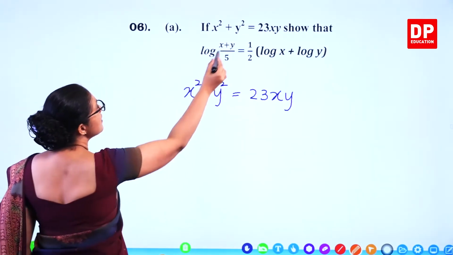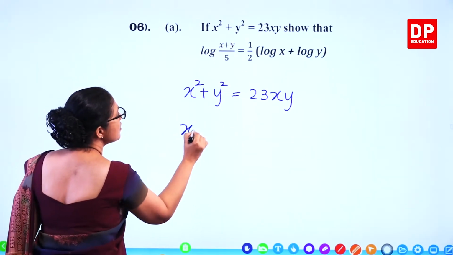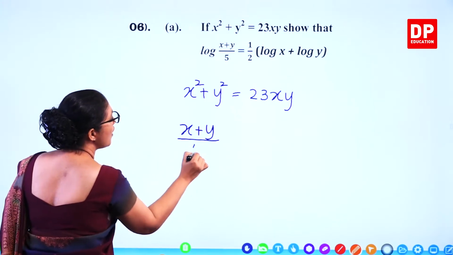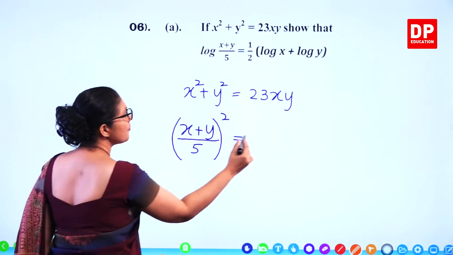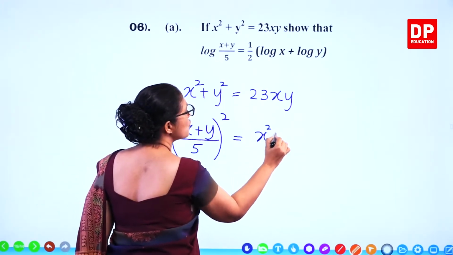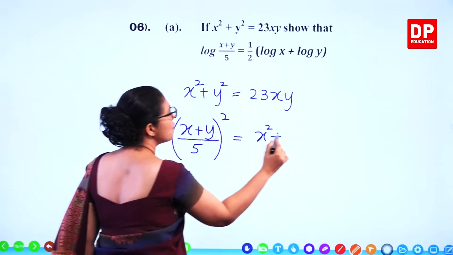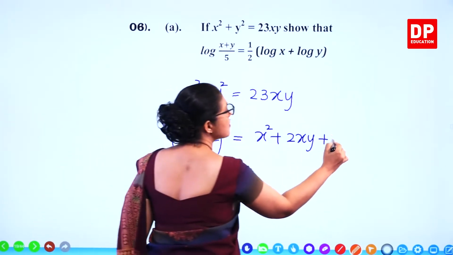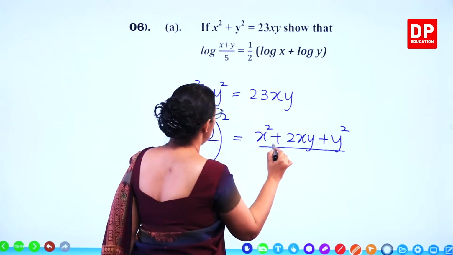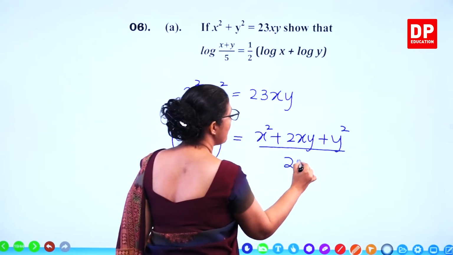So here we'll take this part first. It's easy to take (x plus y) over 5. Square both sides. (x plus y) squared is x squared plus double of this, 2xy, plus last term squared, over 5 squared, which is 25.